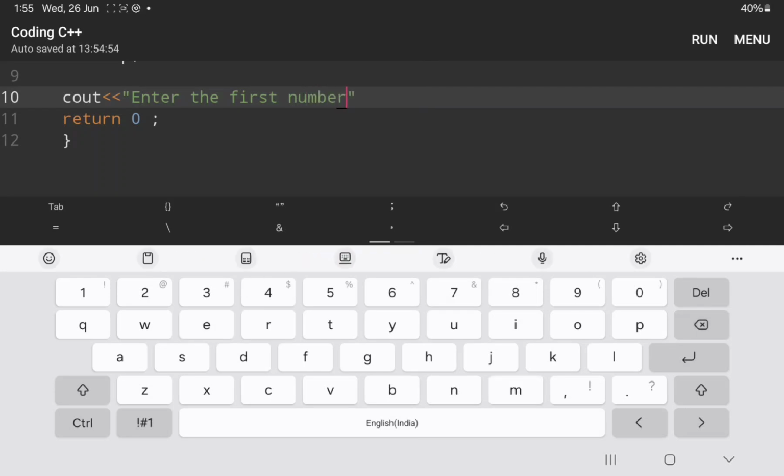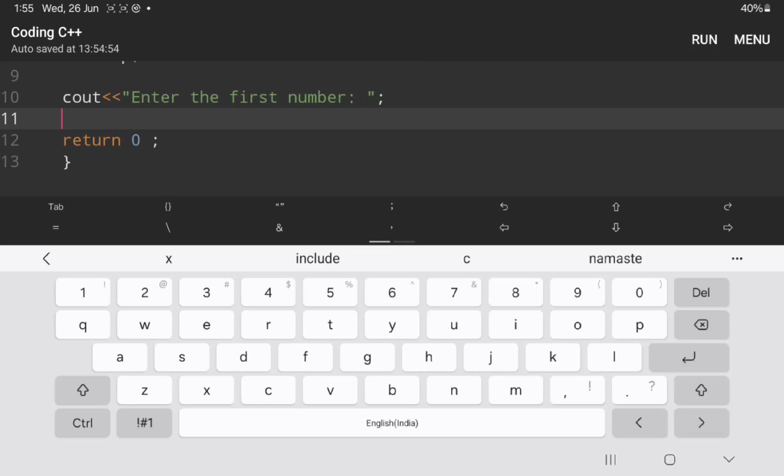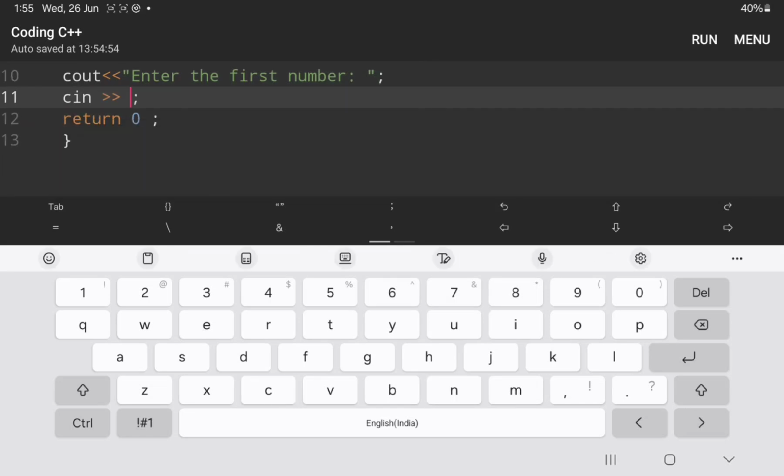And I'm going to give colon, gap, semicolon, and I'm going to write cin. I'm going to write cin num1.